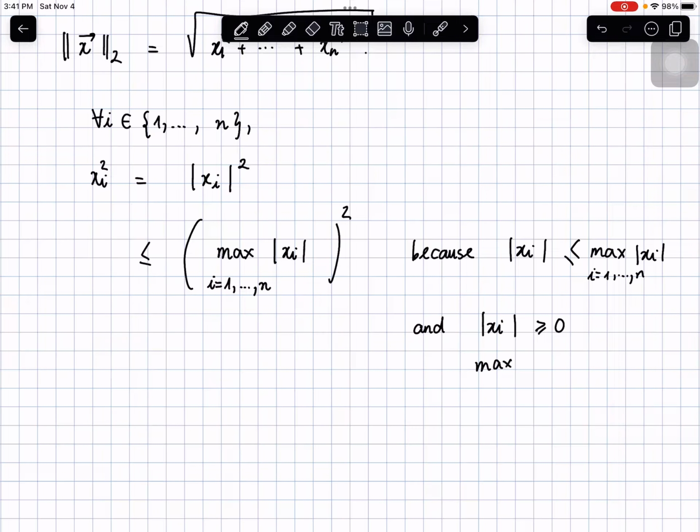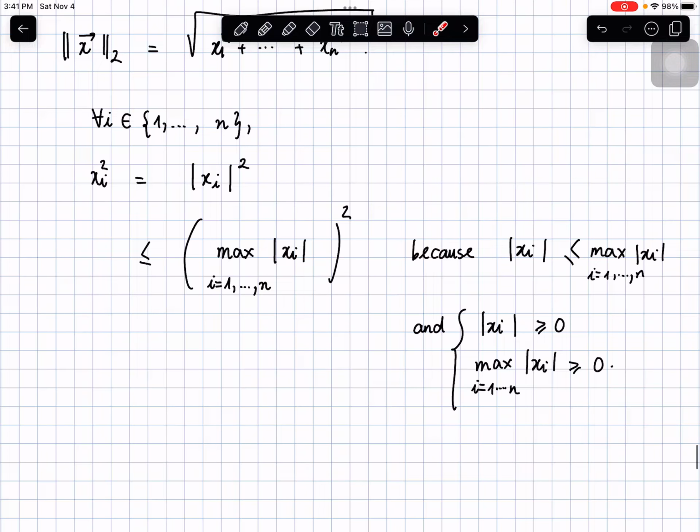The max of |xi|'s is non-negative, so we need this condition, otherwise it might not be true. Recall we have an example before that.